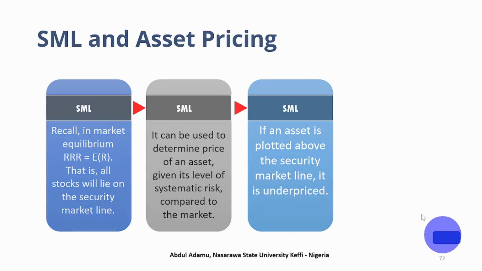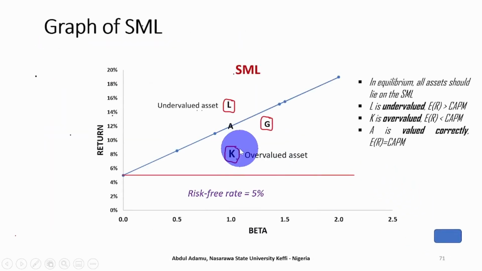Let's go back to our line. Now, this is our line. This asset is above. Now, this is the expected return. This is the required return. Here, we can see for a given level of beta, which is the risk beta of 1, this security is supposed to be earning 12%, but is earning above that. You understand? So it means this security, since the value is above, is undervalued.